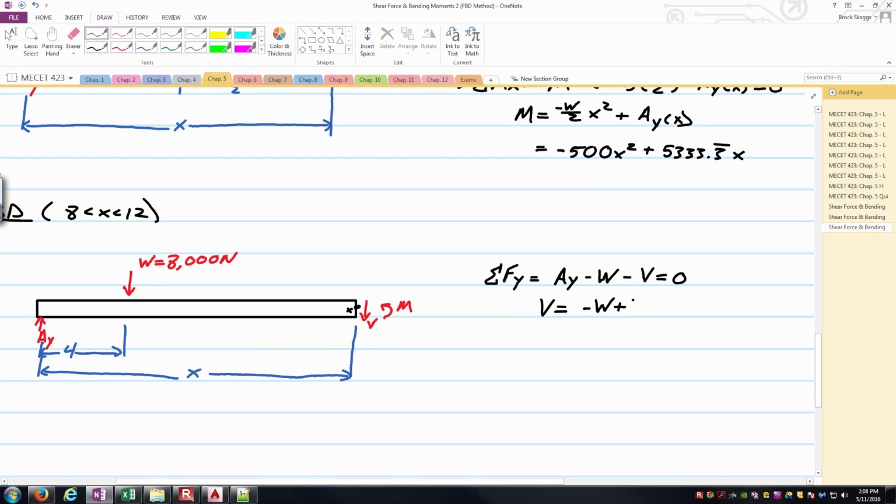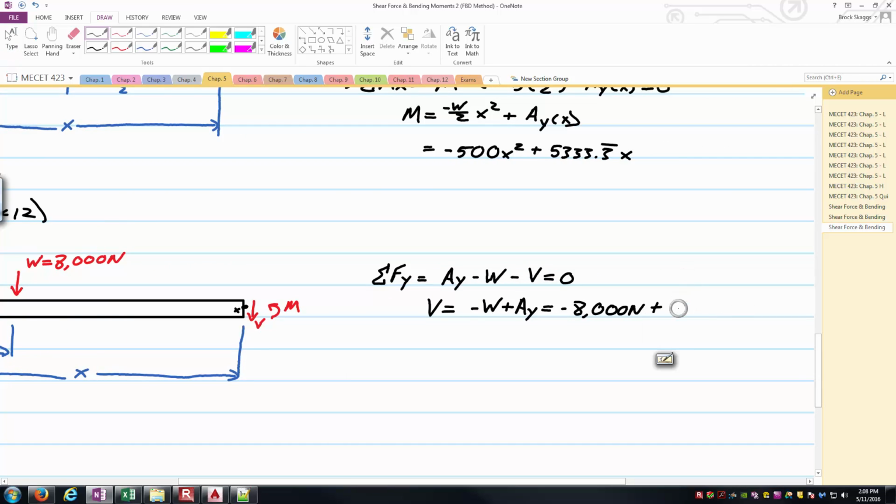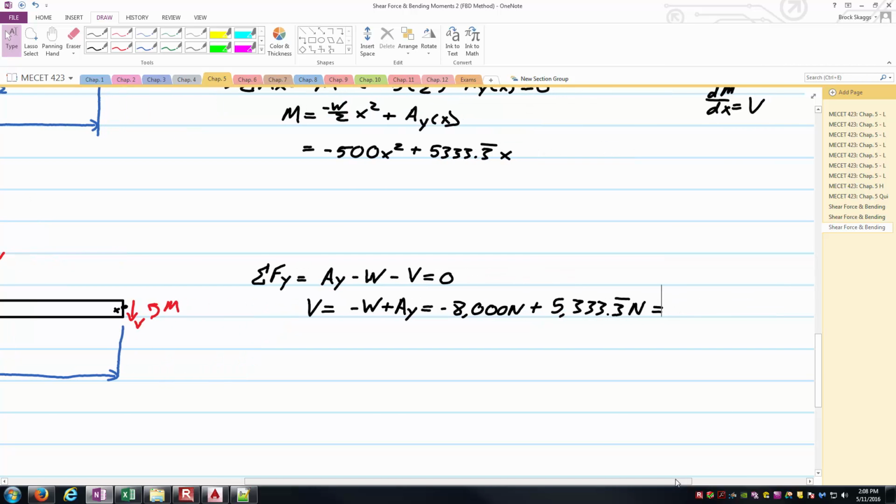Negative W plus A sub y. So that's negative 8,000 newtons here, plus A sub y was our 5,333 and a third newtons. And so, grabbing the calculator, negative 2,666 and 2/3.